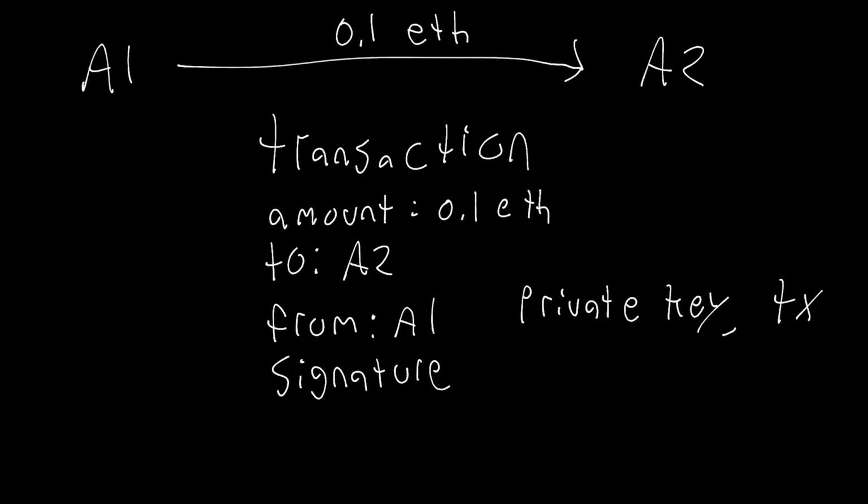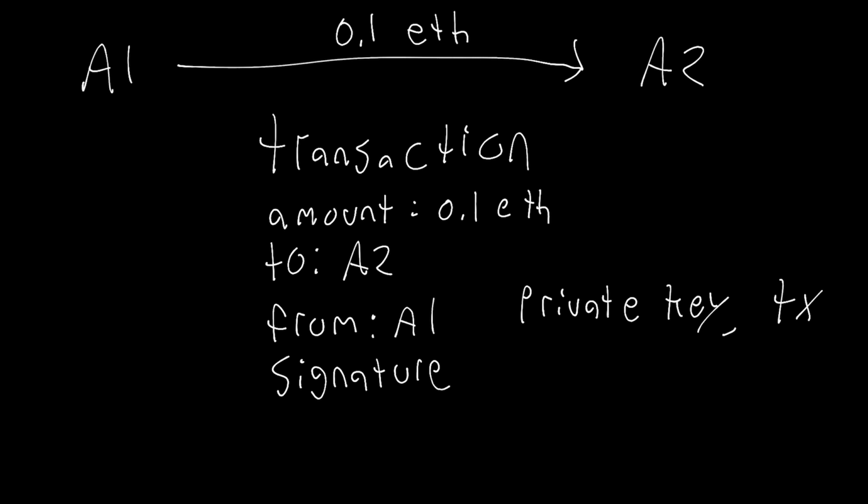Now, the way that you actually verify this signature is simply by using the public key of the account that's sending this Ethereum. So if we see a transaction that's coming from account number 1, we don't need to know account number 1's private key to determine that the signature is valid. We can just use their public key and a special kind of mathematical computation to determine that this signature is valid and that it was actually signed by the account that's sending the Ethereum.